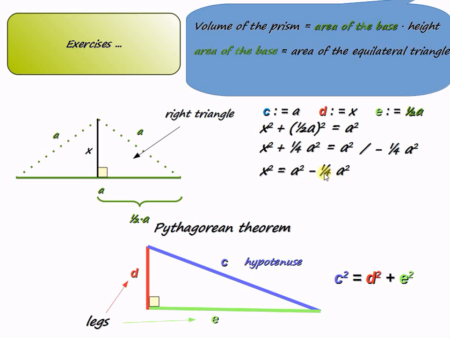So we simply take 1/4 a squared from a squared, or in other words we reduce like terms. And finally we take the square root of both sides of the equation. So we worked out the formula for our unknown height x.